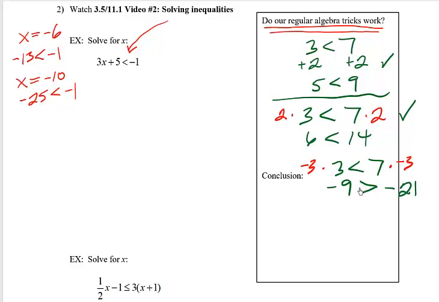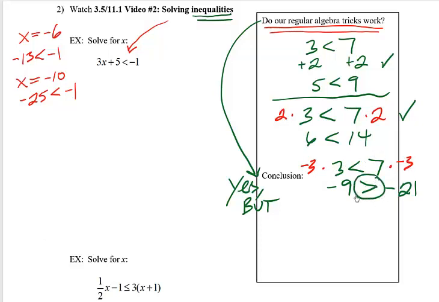We have just discovered the one thing that is different in solving inequalities versus solving equations. Do our regular algebra tricks work? Yes, but if you multiply or divide both sides by a negative, you have to flip around the direction of the inequality symbol in order for the statement to remain true.